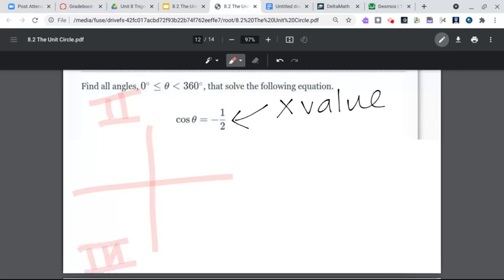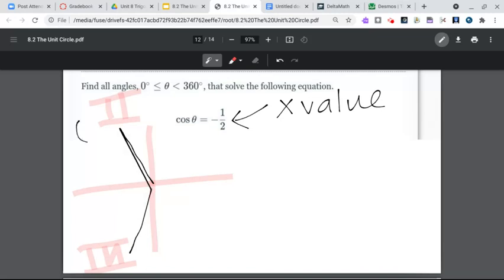Now, because we're looking for the x value to be negative 1/2, the ordered pairs that are closest to the y-axis this time are going to be where your x value is negative 1/2. So we're looking at the ordered pair here and the ordered pair here, closest to the y.